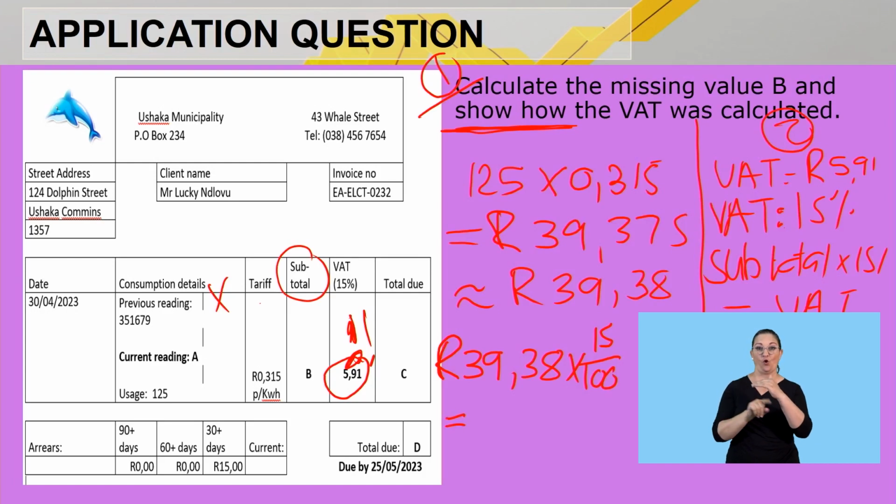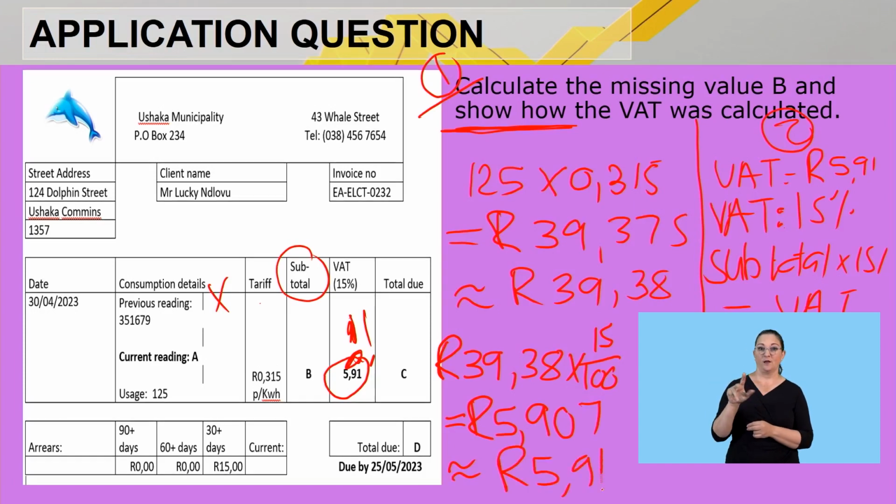Let's check it in our calculators. 39.38 times 15%, and that is 5 rand and 90 cents, actually 5,907. So when rounded, it's 5 rand 91. So that is how the VAT was calculated. They used the subtotal and multiplied it by 15%.